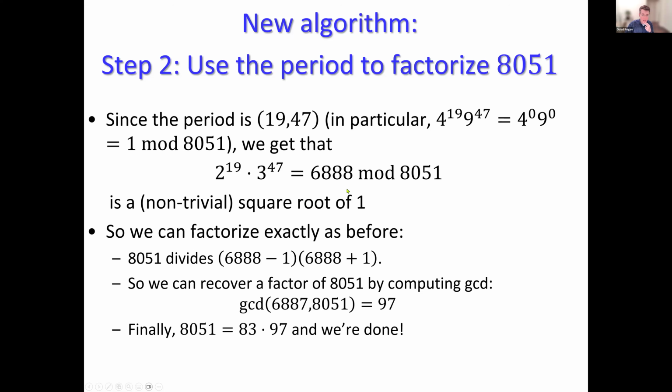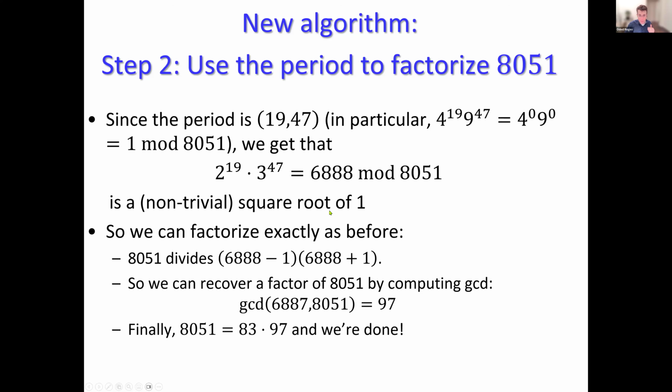Again, why is it non-trivial? Well, just because it's not 1, it's not -1, right? You can see that just because 6888 is a different number. And it's therefore a non-trivial square root of 1. Why is it a square root of 1? Exactly by definition. If you square it, you get 1, right? You get this number here. Okay, so we have a non-trivial square root of 1.